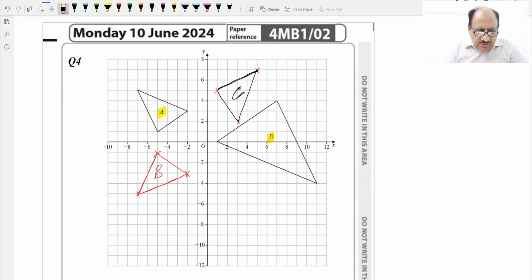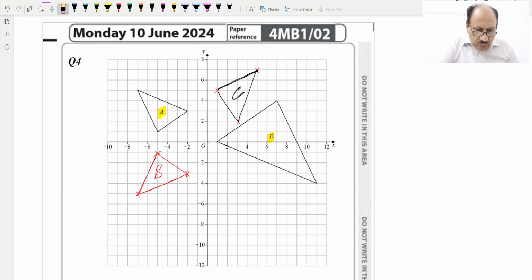Then the C part. They're saying triangle D is the image of triangle A under a single transformation. Describe fully this single transformation. So D is already given. We have to check for the single transformation. How will we check? We will be drawing the lines basically.